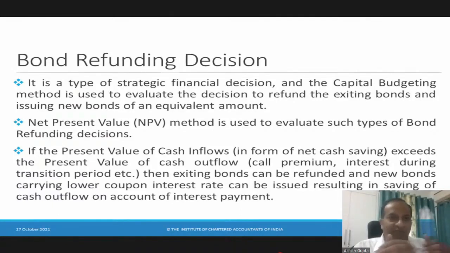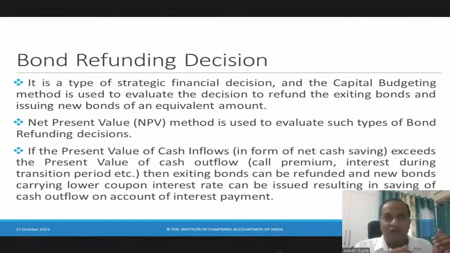Although there may be some adjustment on account of credit rating, because if the credit rating is lower, the company will have to issue the new bonds at some premium because the investor is taking some risk. As we discussed in the risk-return trade-off, if an investor is taking more risk, he will expect more return. So what happens?